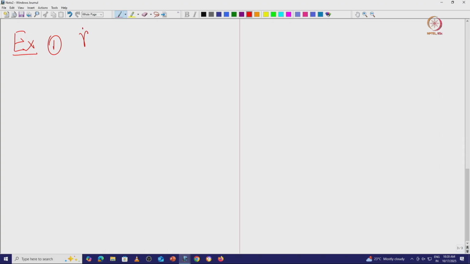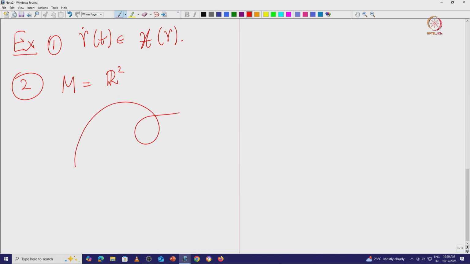Of course, you can take the velocity vector. If gamma is a smooth curve, the velocity vector is a vector field along gamma. To give one more example, take M to be R2. I have this curve and these velocity vectors.